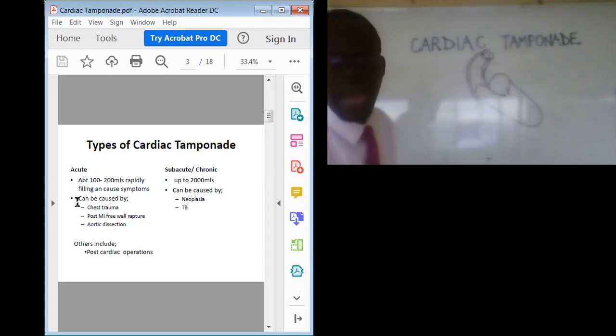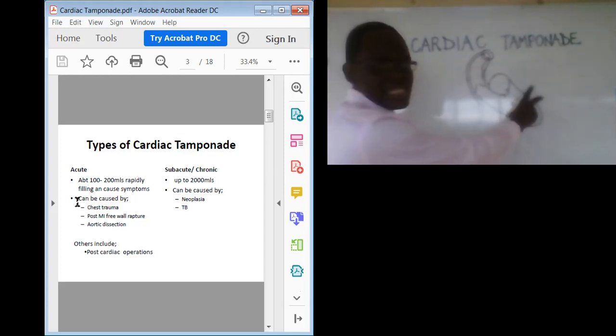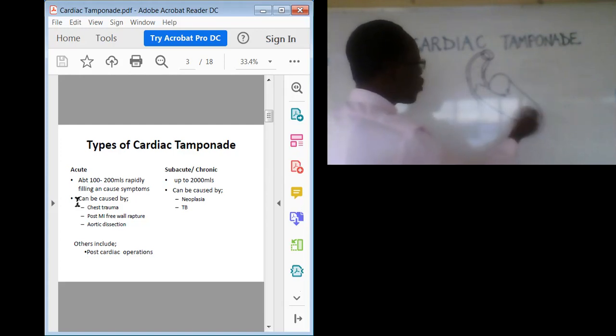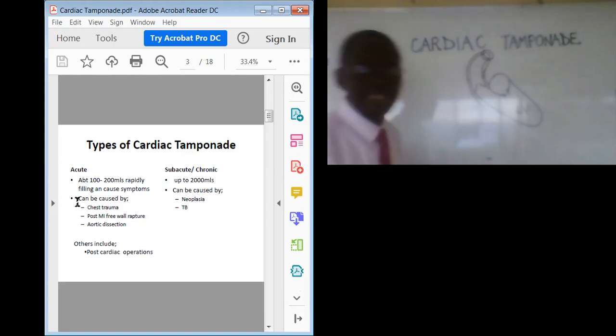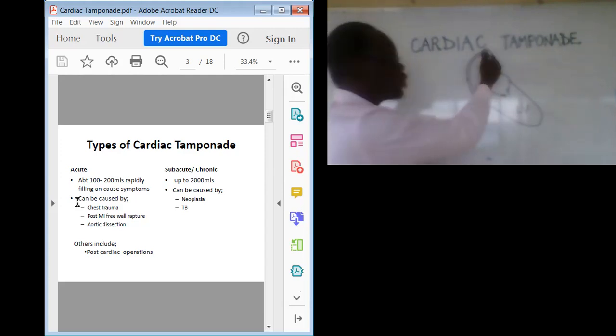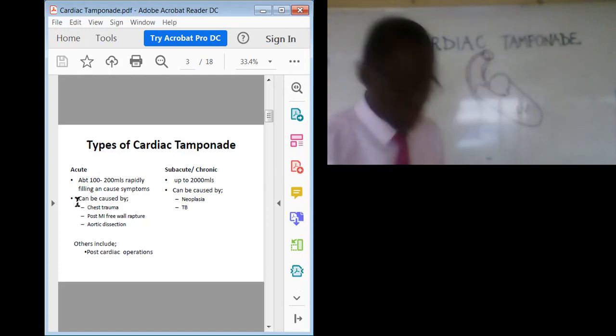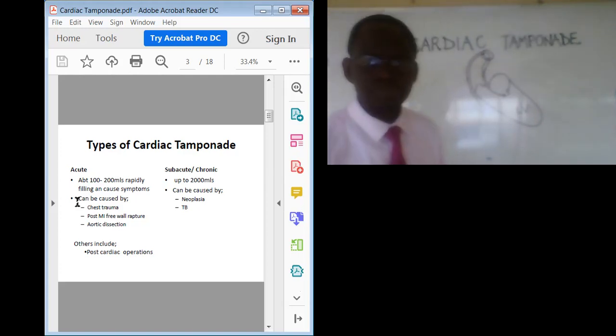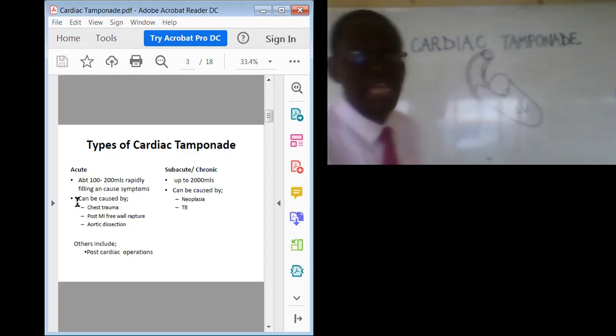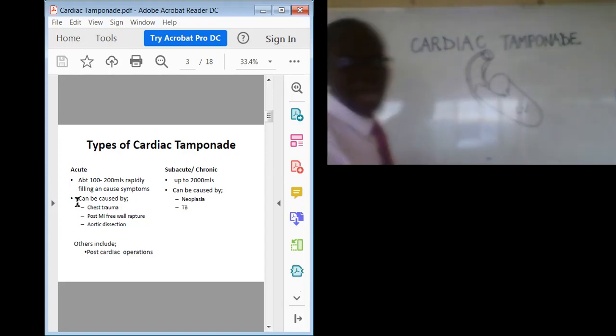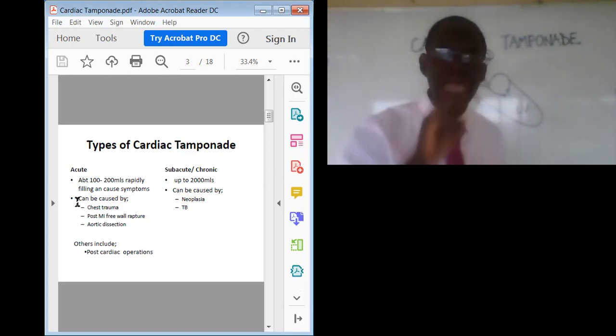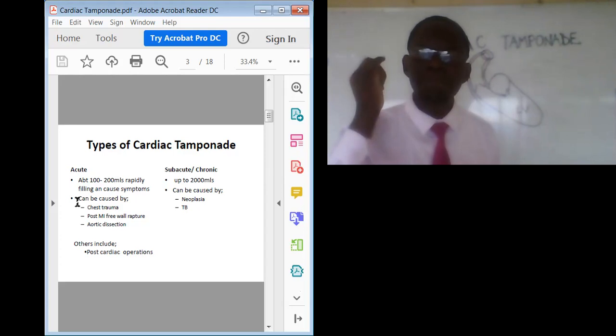Now, remember, as the left ventricle contracts, it pumps blood out of the aorta to the rest of the body. So, with aortic dissection, what actually happens is that part of the layer, remember, an artery is made up of 3 layers. We have the intima, the tunica media, and then the adventitia.